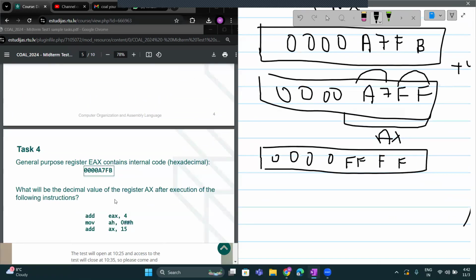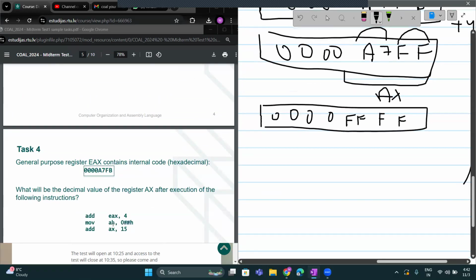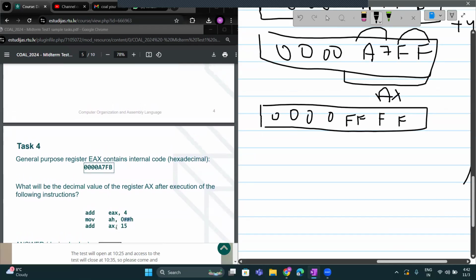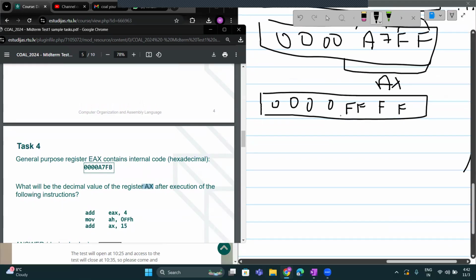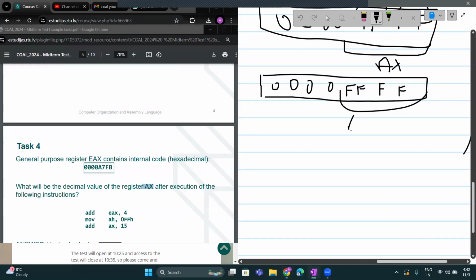And then what we are doing is we're adding 15 to AX. So what will be the decimal value of the register AX? So it's just asking about AX from us.